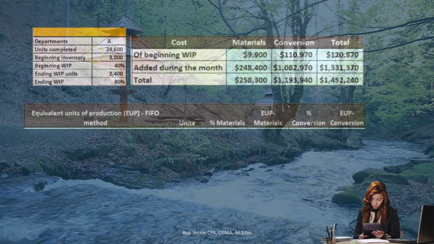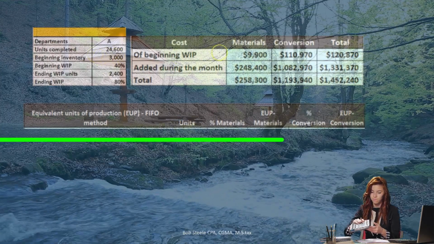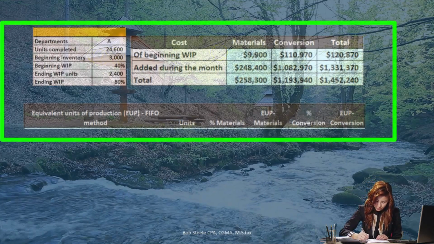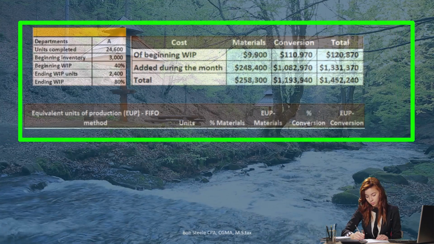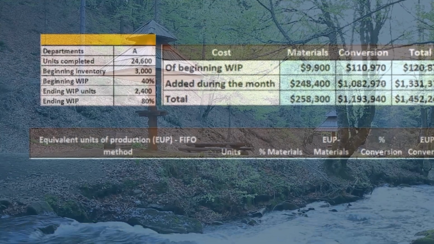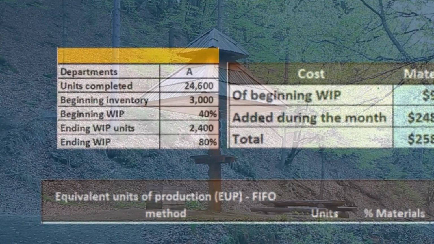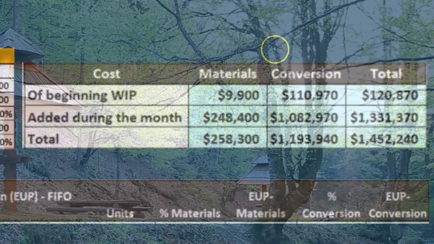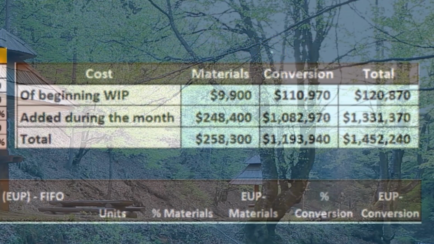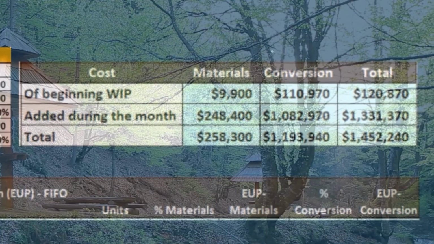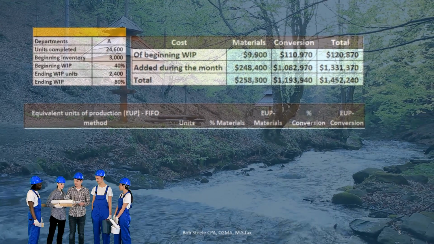Alright, so we have the information in terms of units over here. We have the information in terms of costs. This is typical information that would generally be given within a problem of this kind when we're calculating the equivalent units. We have the materials and the conversion that we're talking about. Now, materials is pretty straightforward. It's the raw materials that are going into it.